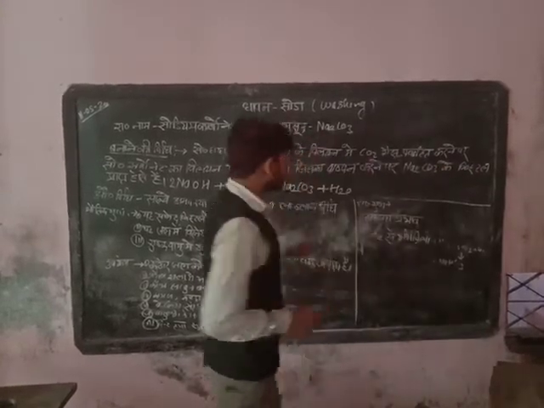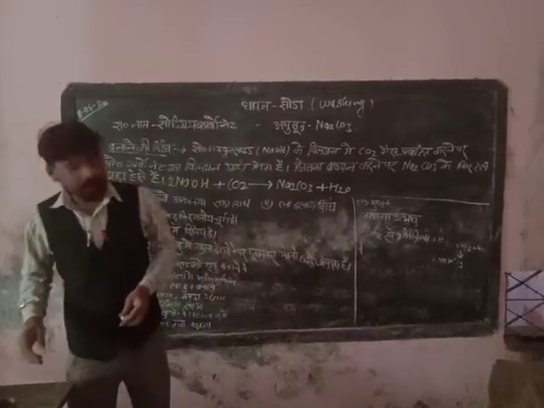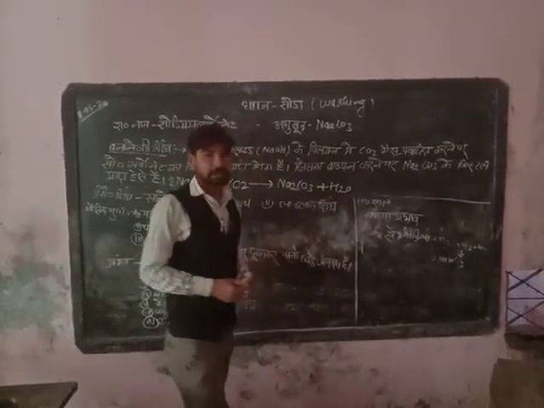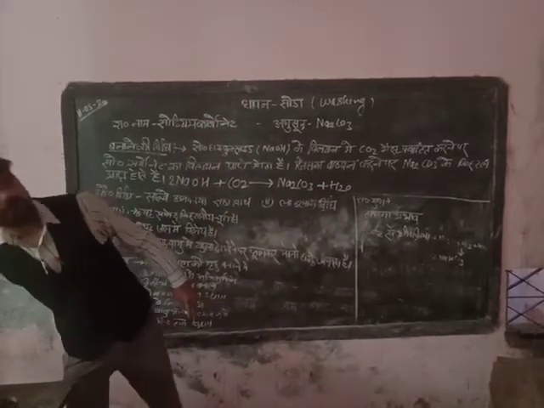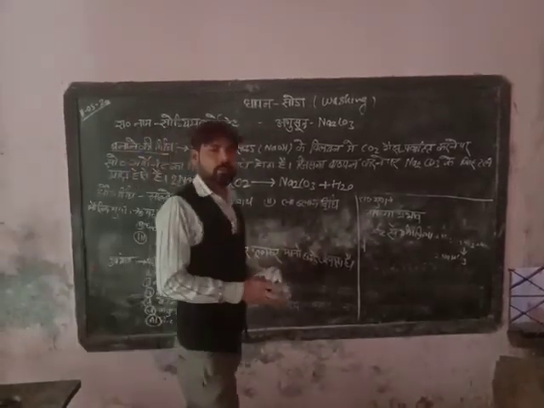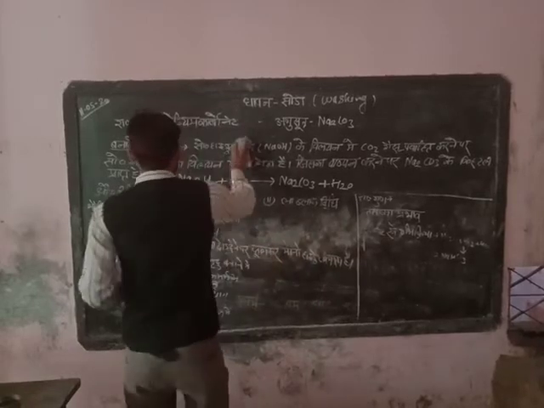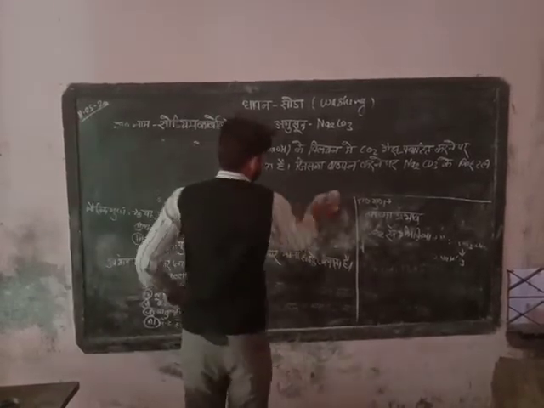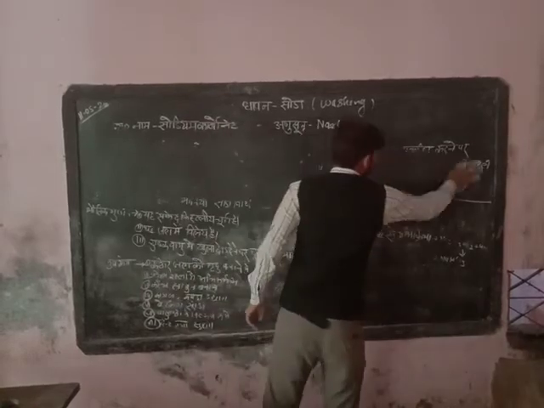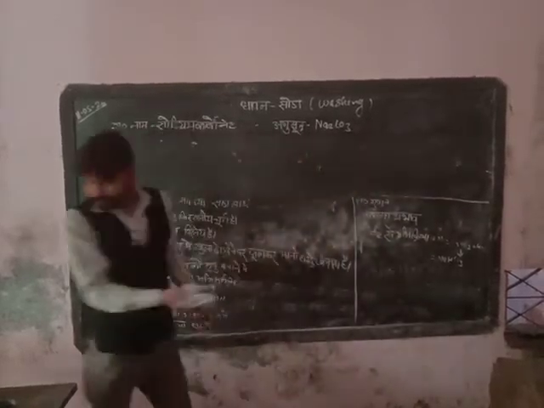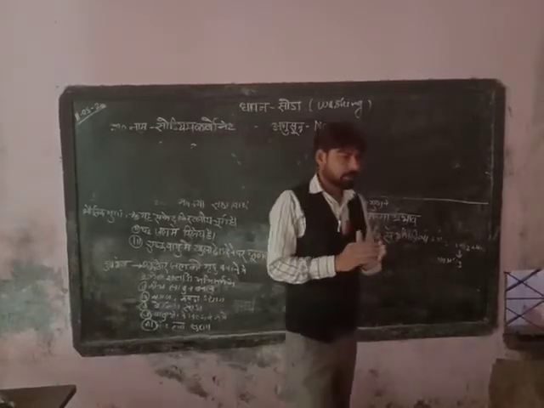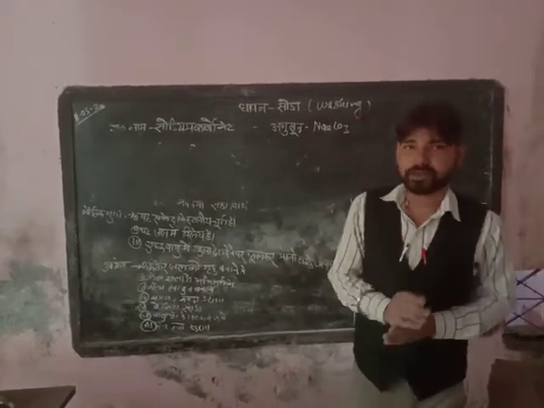Now we discuss some important chemical properties, and the first chemical property is the effect of heat. Effect of heat is very important from the examination point of view. Many times it is asked what the effect of heating is when washing soda is heated. On heating, washing soda forms dehydrated washing soda.